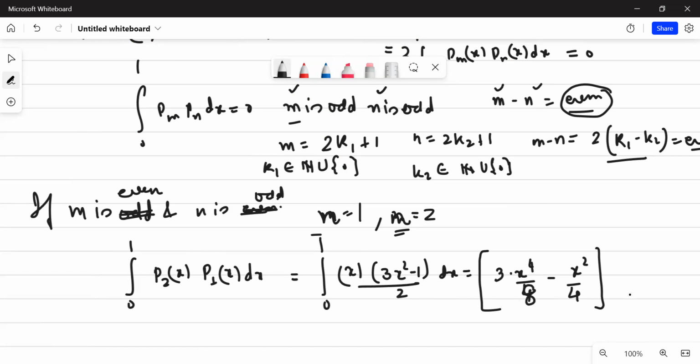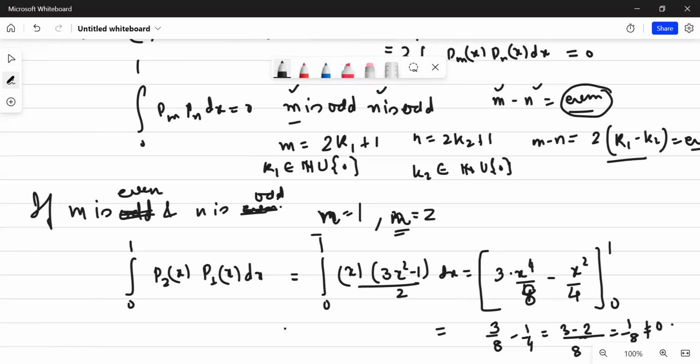From 0 to 1. So if you write 1 here, this is 3 by 8 minus 1 by 4. Take 8 common out, you'll get 3 minus 2, so this is 1 over 8. Certainly it is non-zero.